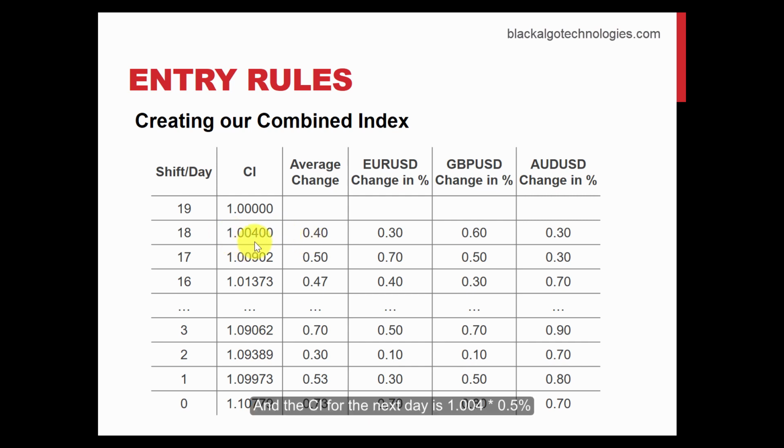And the CI for the next day is 1.004 times 0.5%. Note that when I say 1.004 times 0.5%, the actual calculation will be 1.004 times 1.005. Otherwise, you get a wrong calculation because it's a 0.5% increase and not 0.5% of this value. Keep doing that and you will get the CI for today.